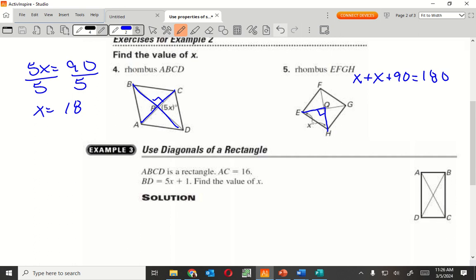Combine your x's. We have two x's here, plus 90 equals 180. Minus 90. 2x is 90. Divide by 2. X is 45.